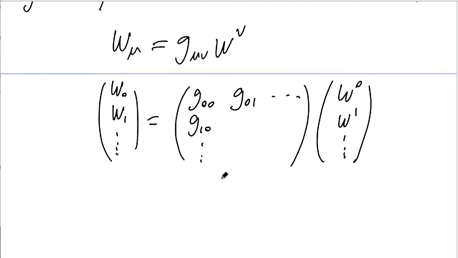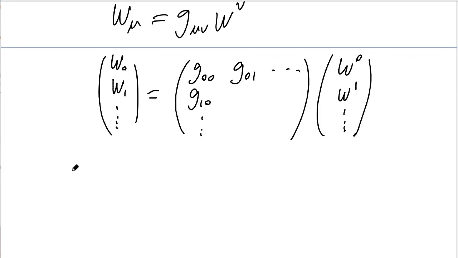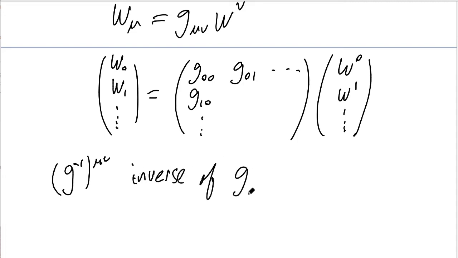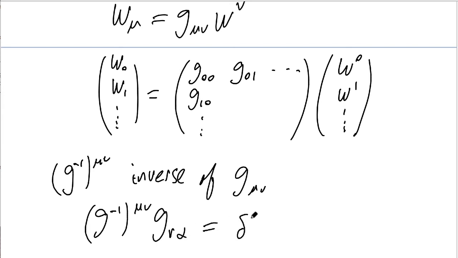All right, so let's denote the inverse of the matrix that is the components of the metric, as G inverse mu nu. So this is the inverse of G lower mu nu. So in other words, G inverse mu nu G nu alpha is the identity matrix.